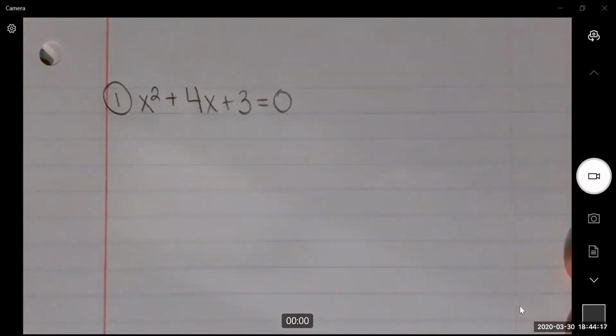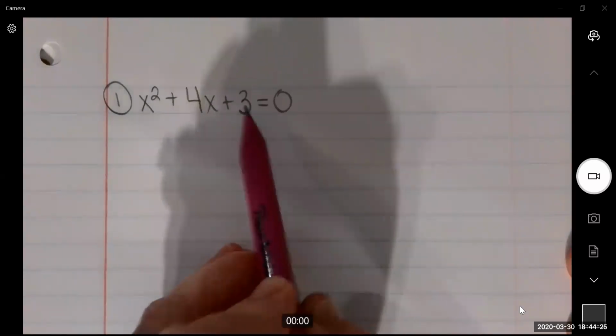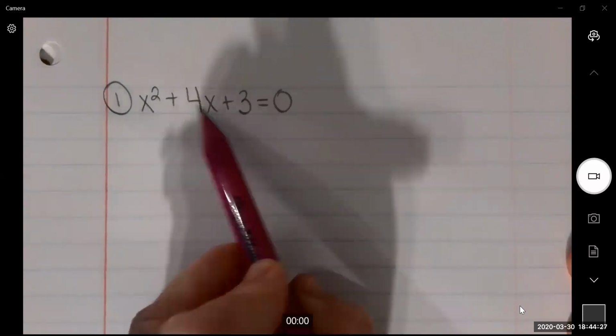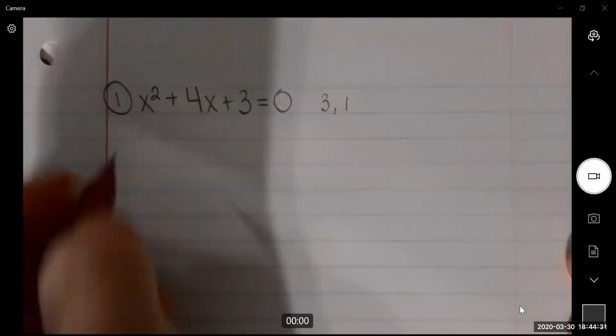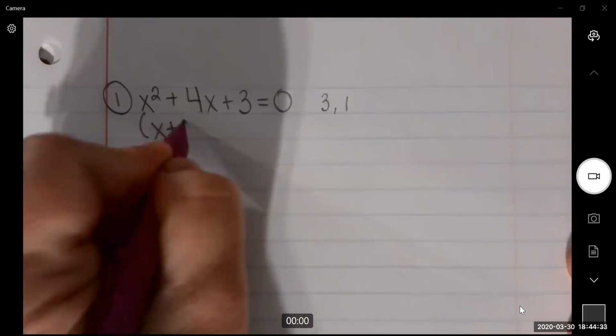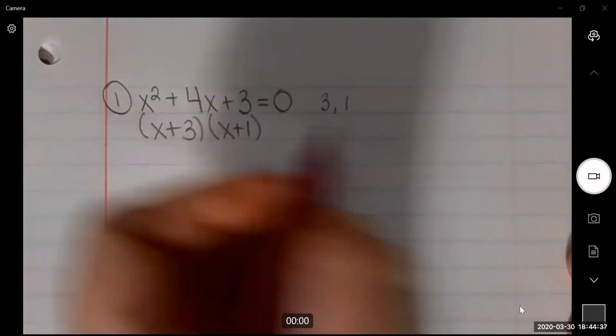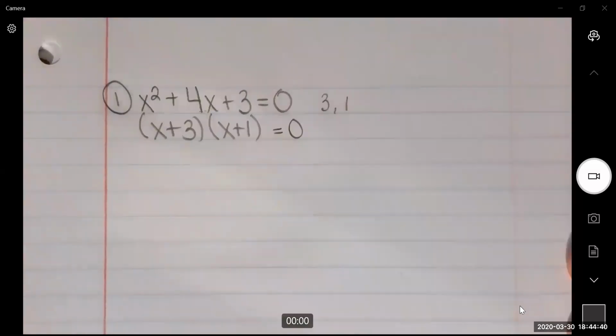All right, so the first thing we're going to do is we are going to factor. So remember, we need two factors of 3 that are going to give us a positive 4. So that would be 3 and 1. So we have x plus 3 times x plus 1 equals 0.